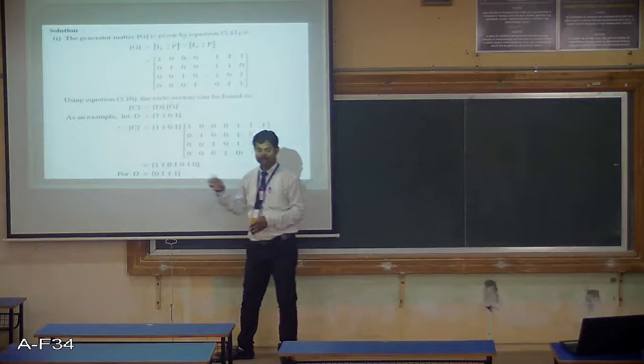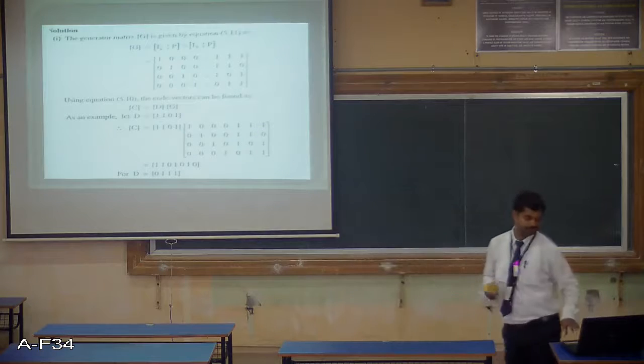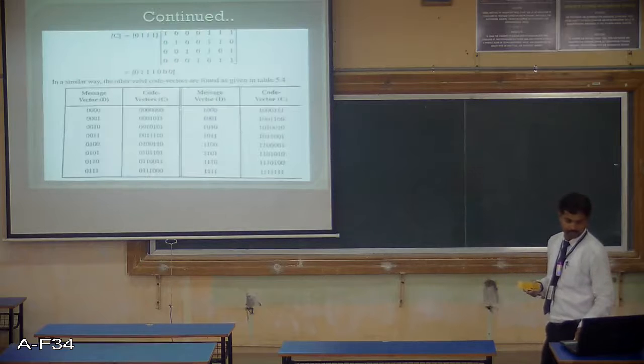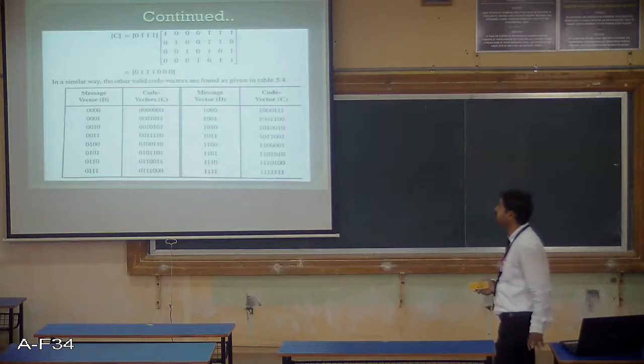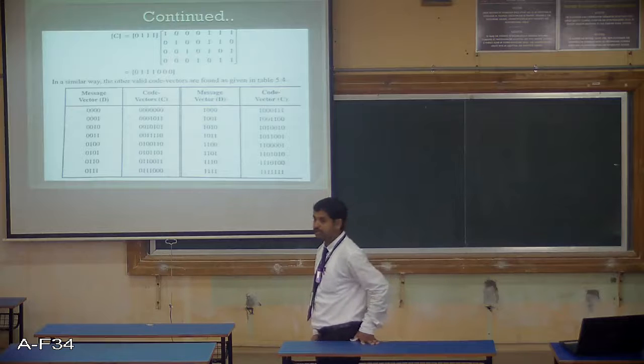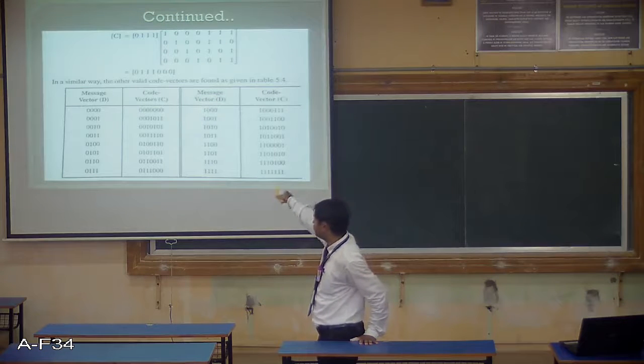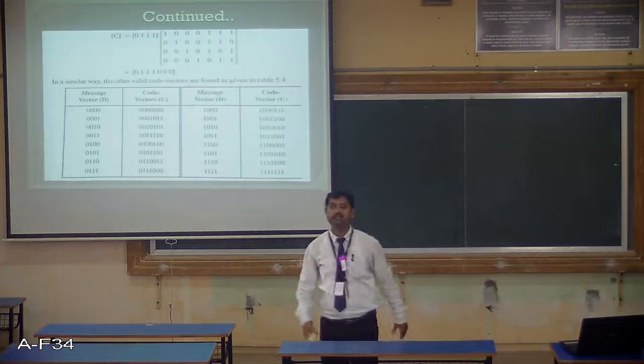You need to similarly find out all the remaining 15. So the entire table is reproduced here. For every message, there is a code word, and every code word length is 7 bits.